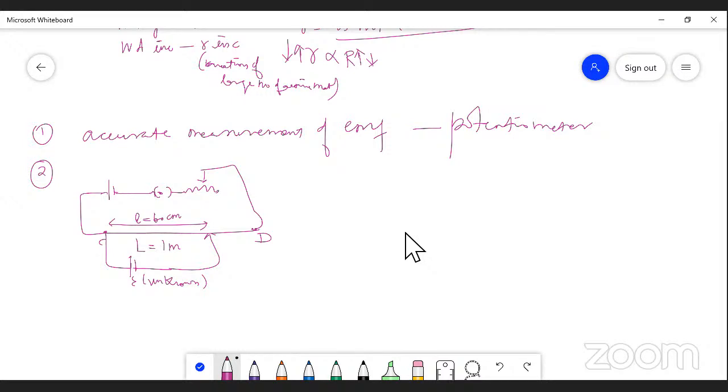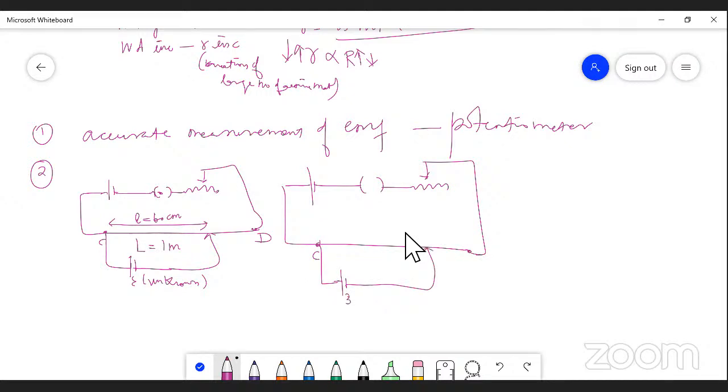See, they are connecting a known source of EMF to balance the potentiometer wire. This is 3 volt and this is 45 centimeter. Let me mark this as L2 and that as L1. So for the unknown EMF, the balancing length is L1. For the known EMF, the balancing length is L2.